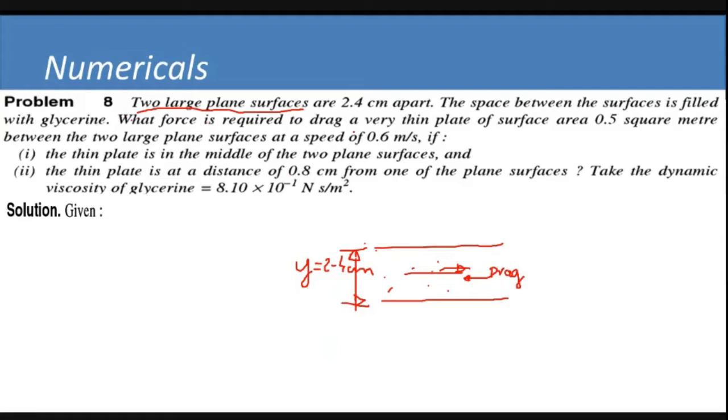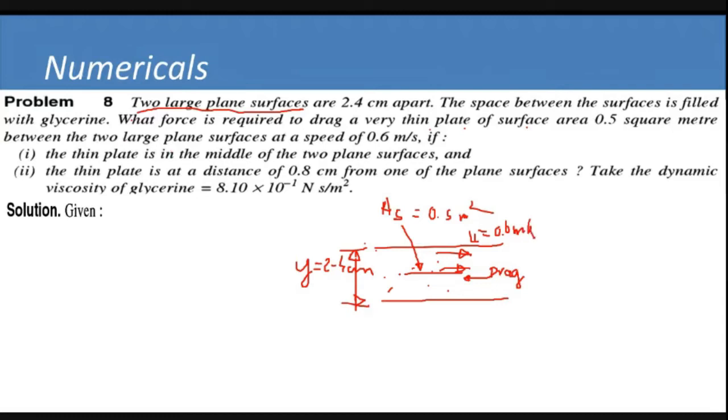So what is the drag force required to move the thin plate of surface area 0.5 square meter at a speed of u equals 0.6 meter per second?